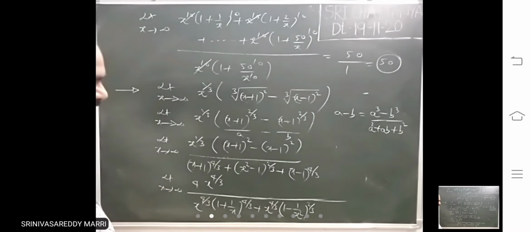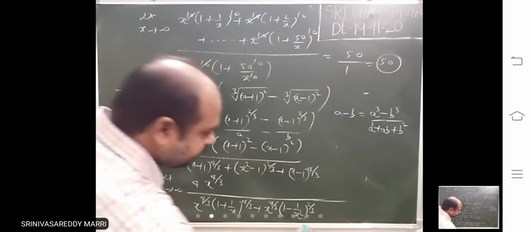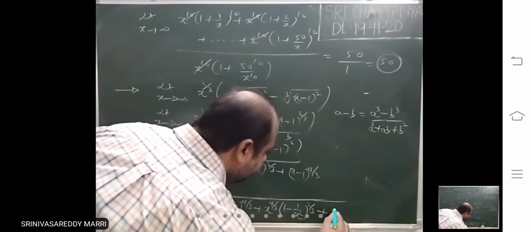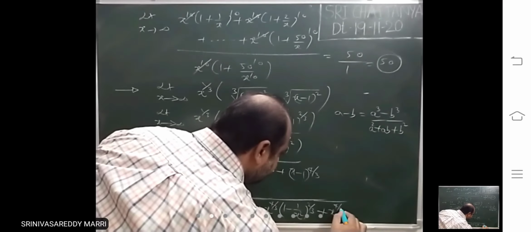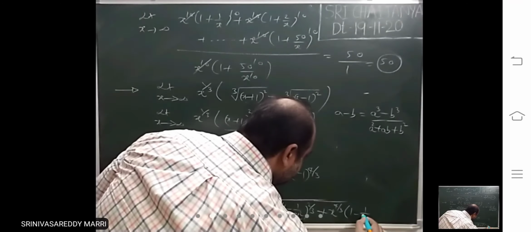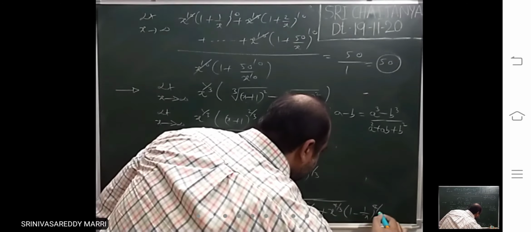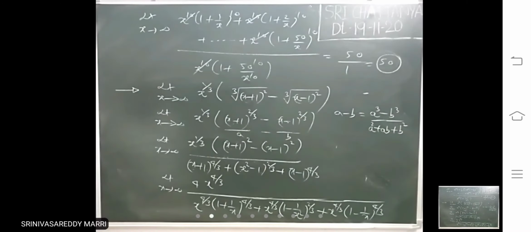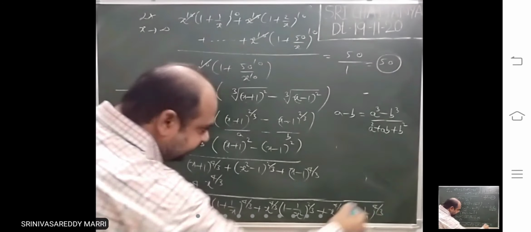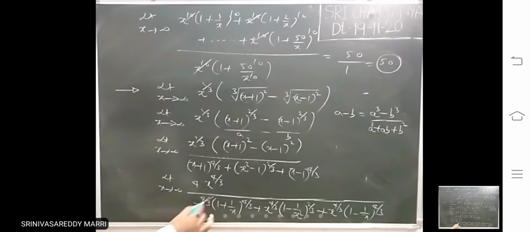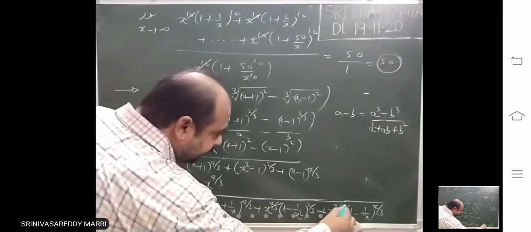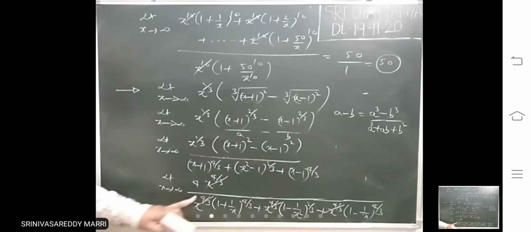In the bracket x square I have taken common, so here x I am taking common. Now x power 4 by 3 is common in everything. Take the common and strike off in the numerator. Here the highest degree is only x power 4 by 3.